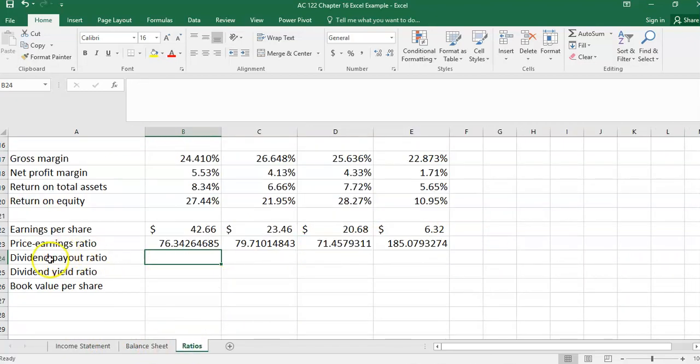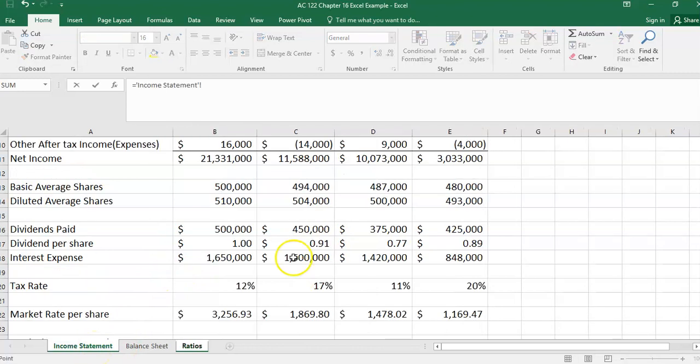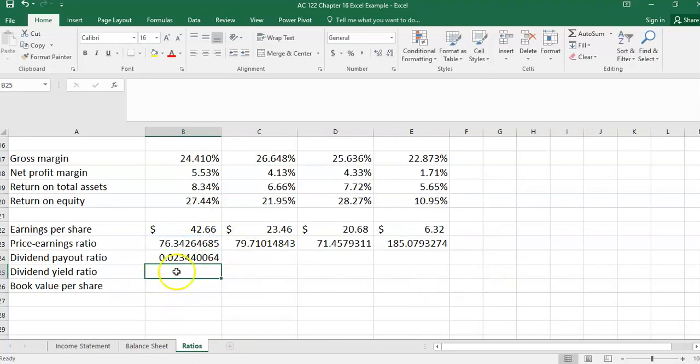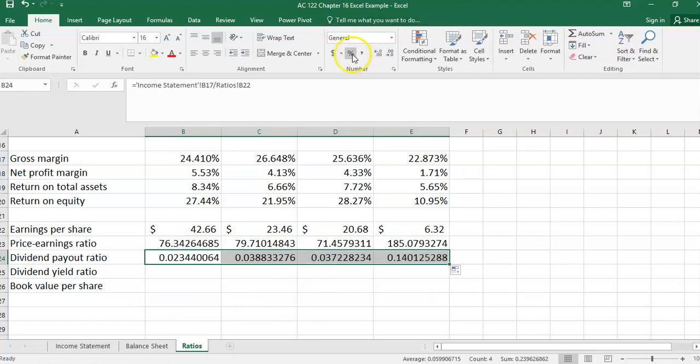So for our dividend payout ratio, we take the dividend per share divided by the earnings per share. This is expressed as a percentage.